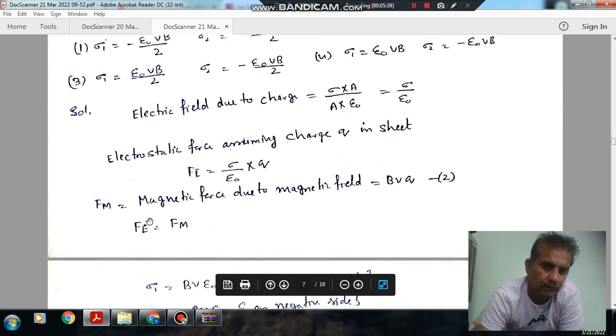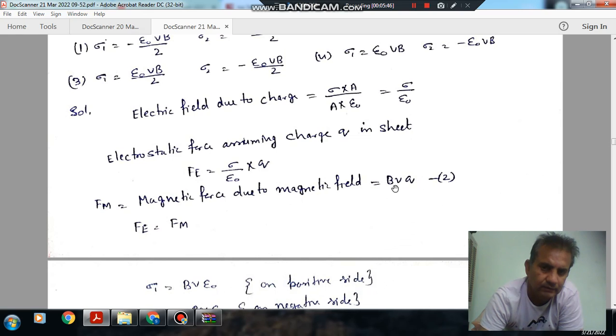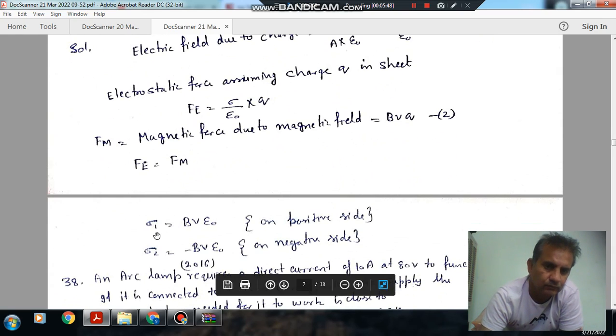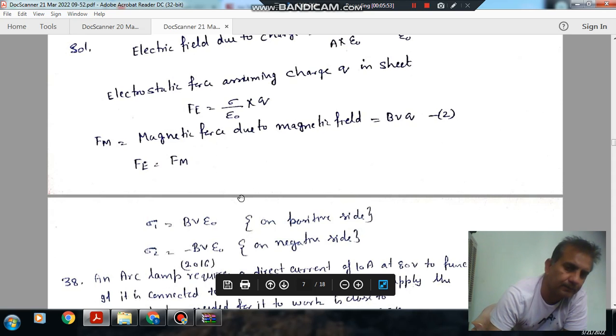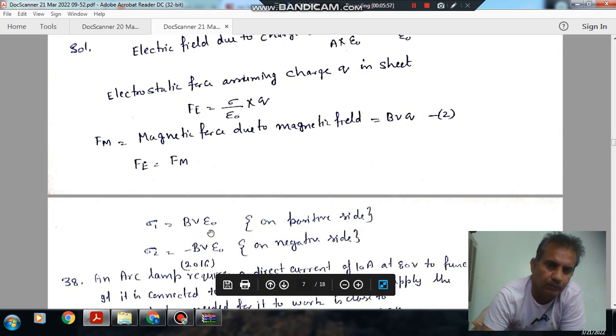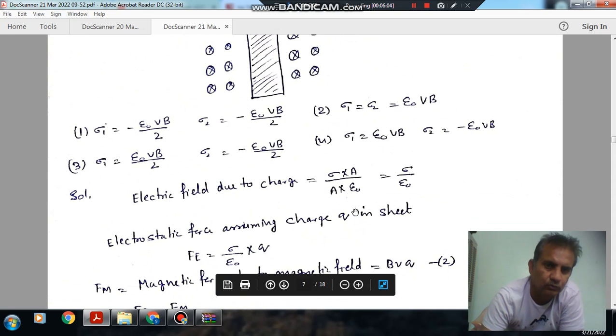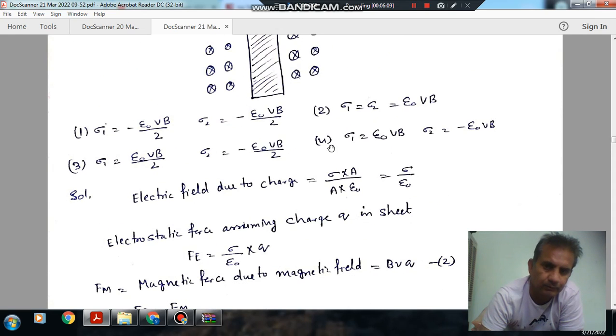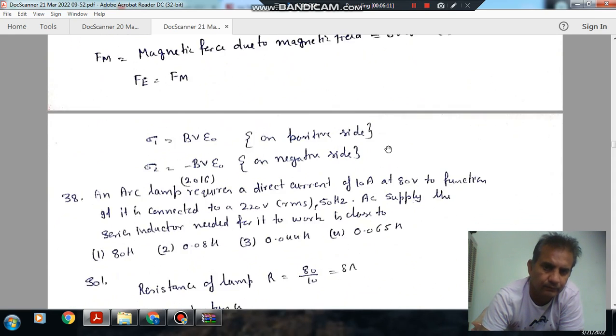The magnetic force due to the magnetic field is qvB, where v is velocity, q is charge, B is magnetic field. Equating these two, because they are in equilibrium, sigma 1 is epsilon naught vB, and sigma 2 is minus epsilon naught vB. One side is positive, the other is negative. So option 4 is the right answer.